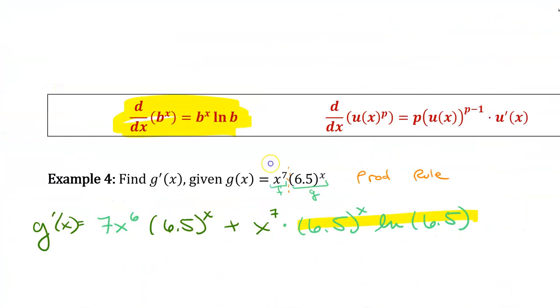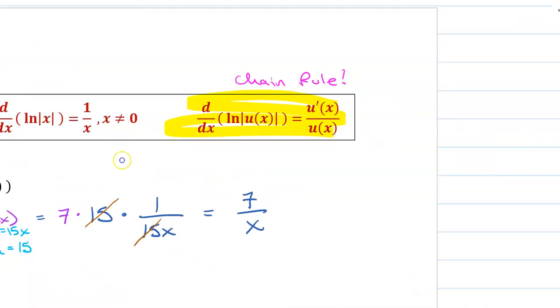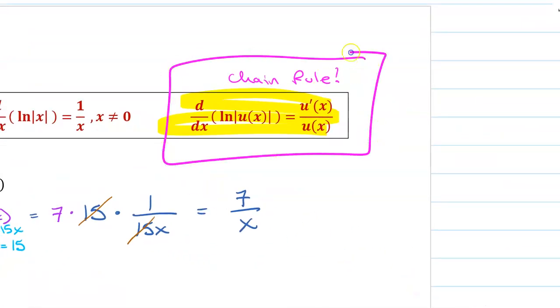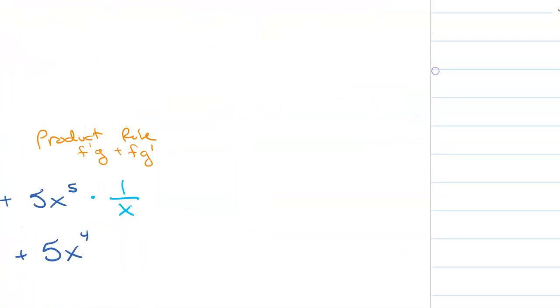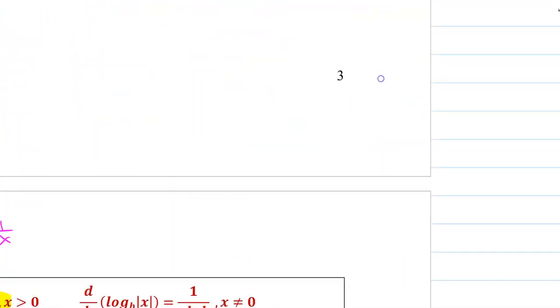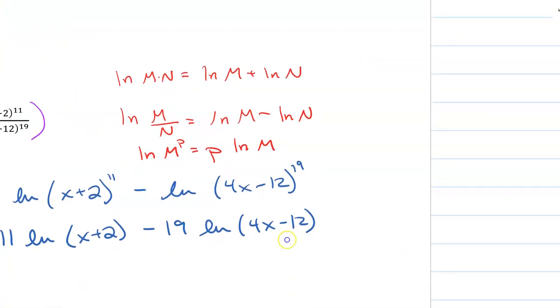There. So the derivative of the natural log of f of x will be f prime of x over f of x. Okay, so we're going to use this to our advantage with this problem.